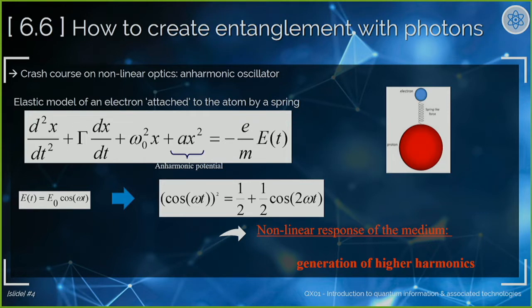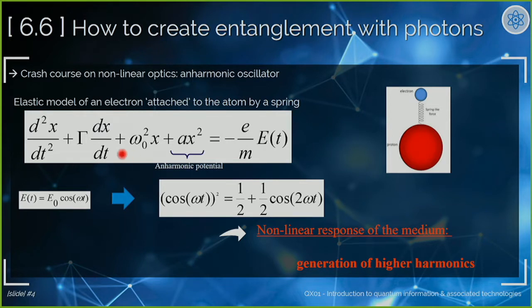What it means is that on top of the linear dependence on the distance x between the electron and the atom, you need to add a term that is also called an anharmonic potential, where you have an x squared. That is at the heart of nonlinear optics, or in fact nonlinear mechanics here, or even any nonlinear processes.